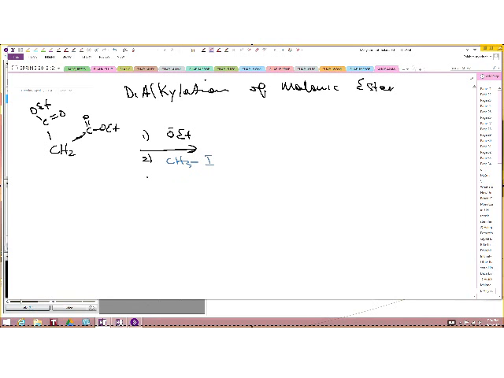And then I come back again. I say step 3, ethoxide again. What does that do again? Forming another enolate anion. And then step 4, yes.